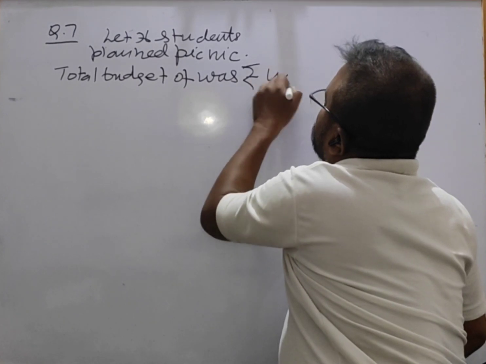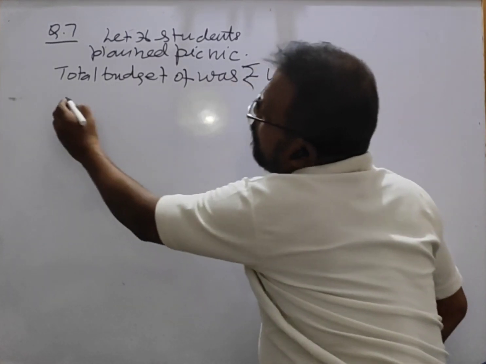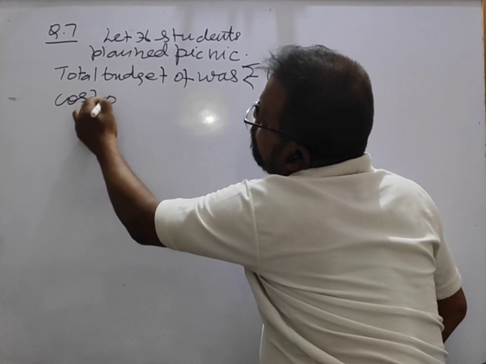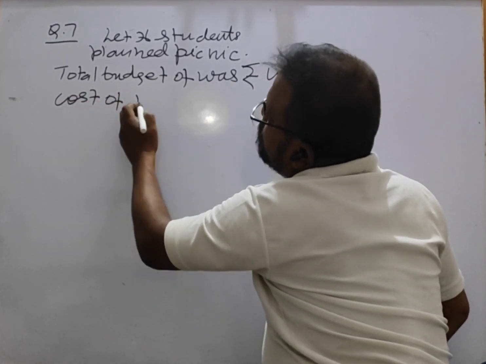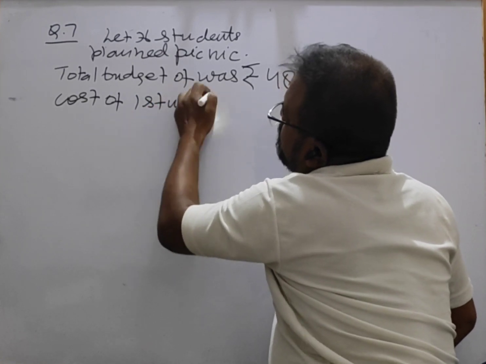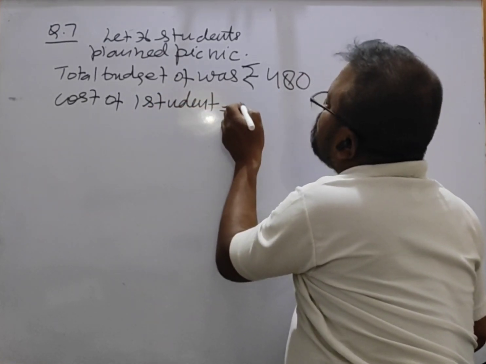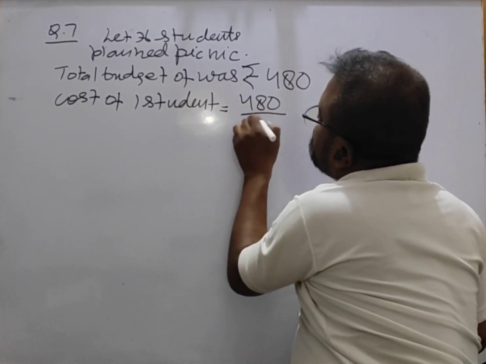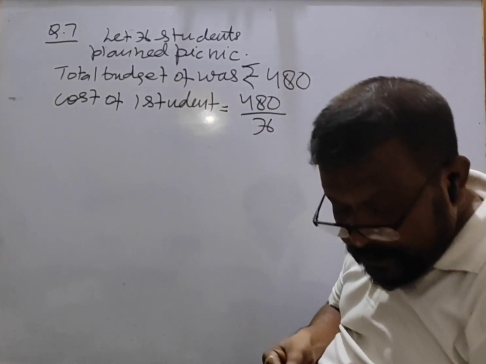So the cost of one student is equal to 480 upon x. Right. Now what next?